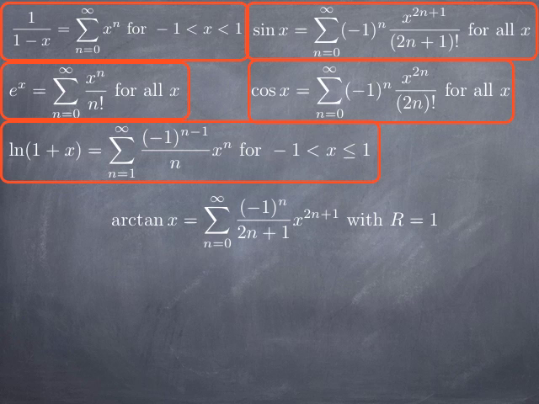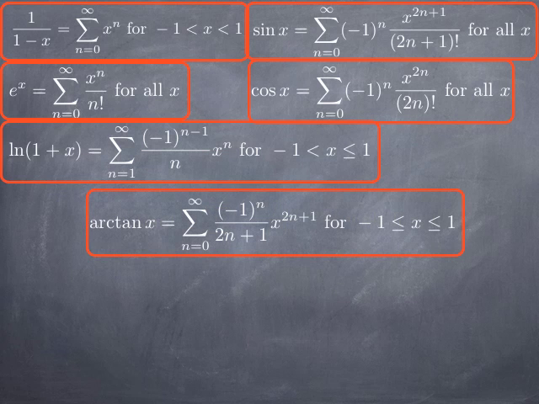We know that it is valid if x is strictly between -1 and 1. It turns out that we can include the endpoints, but it actually takes a little bit more time to clarify why this is the case, so we're going to admit this.